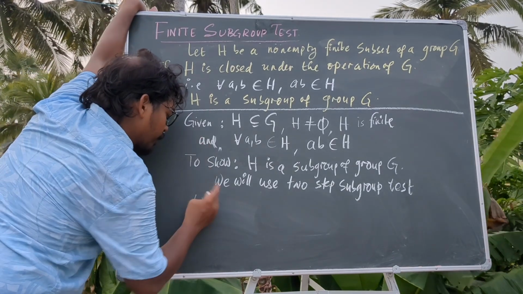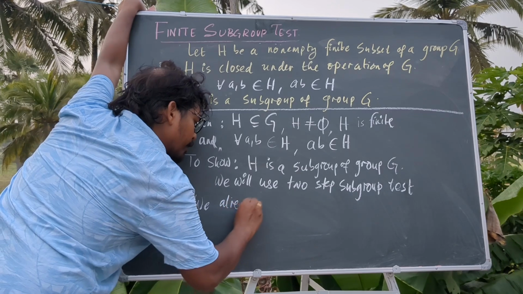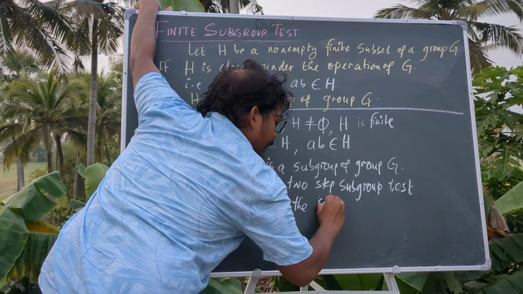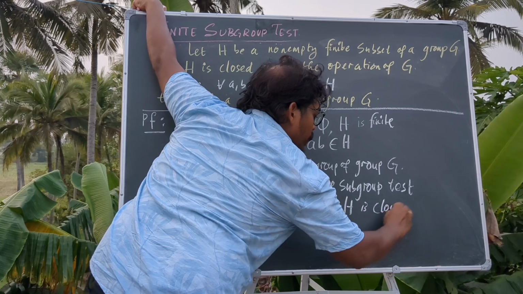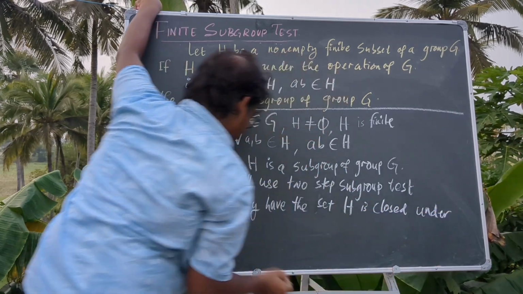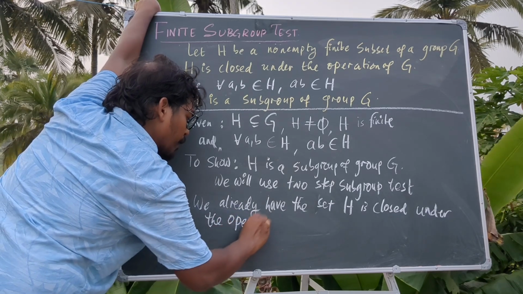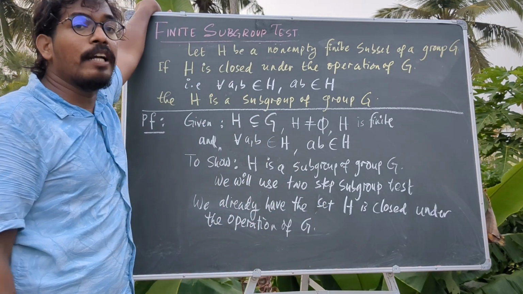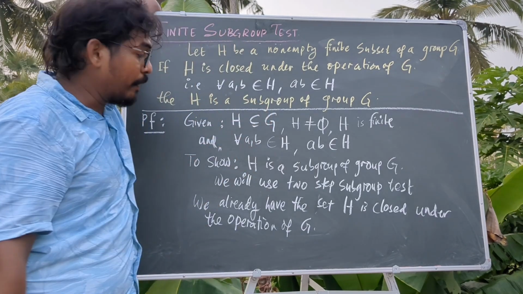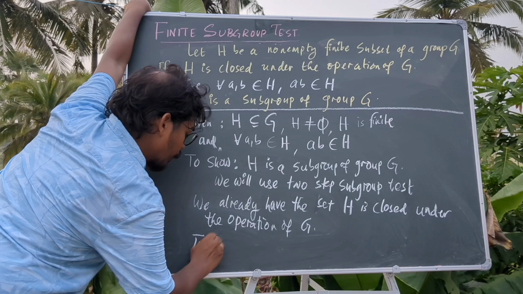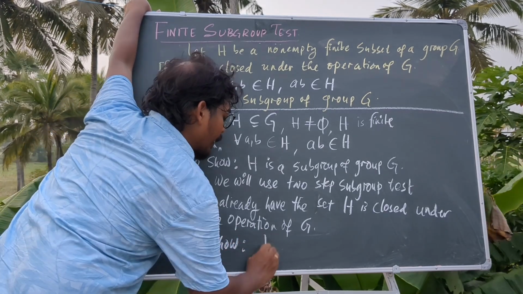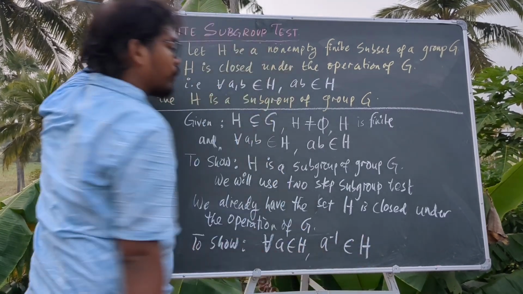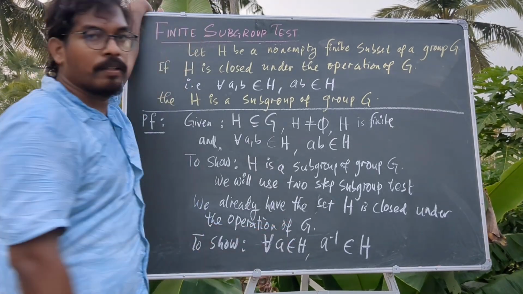We already have the set H is closed under the operation of group G. So we only have to show the inverse part: for any element of the set H, its inverse also belongs to the subset H. We only have to show this one.